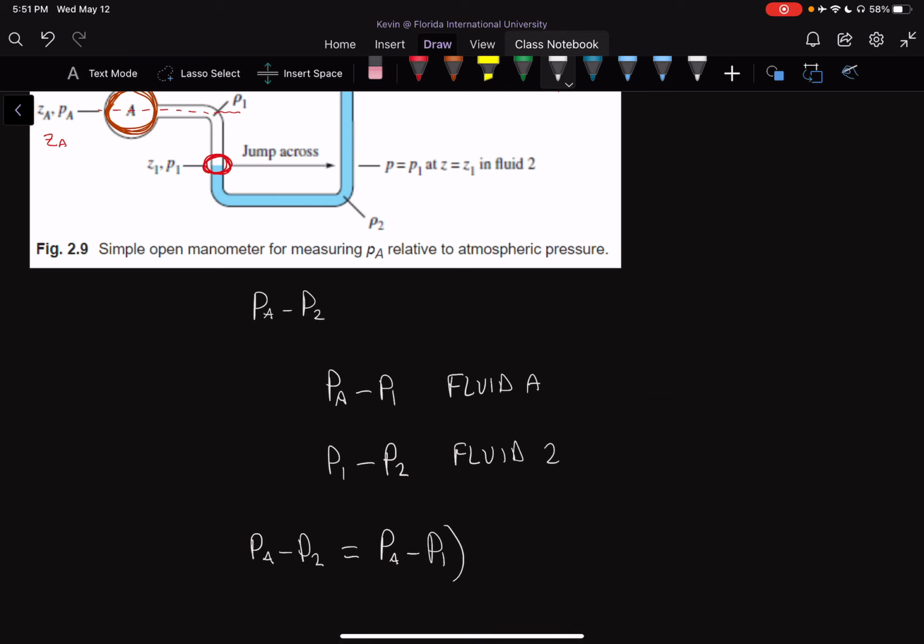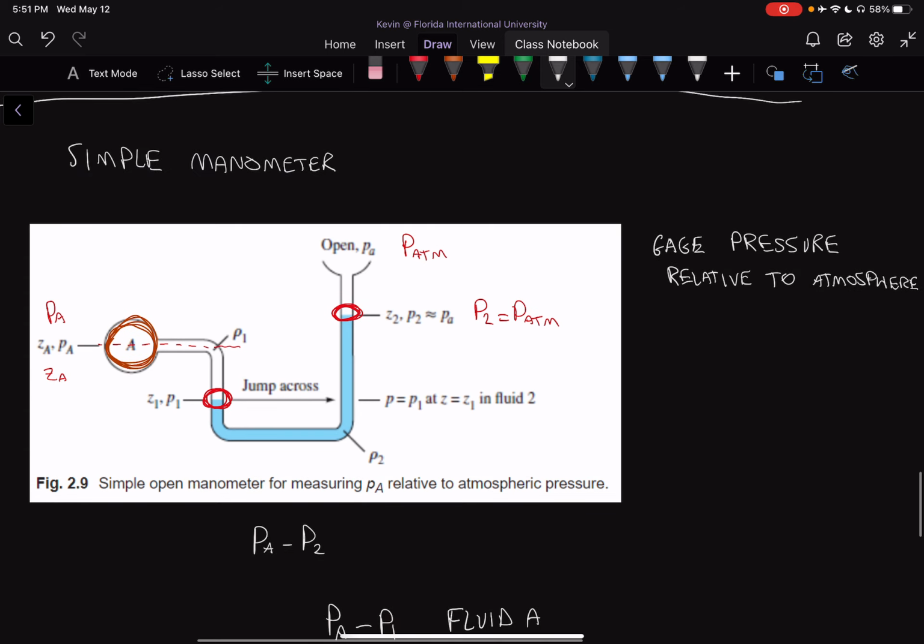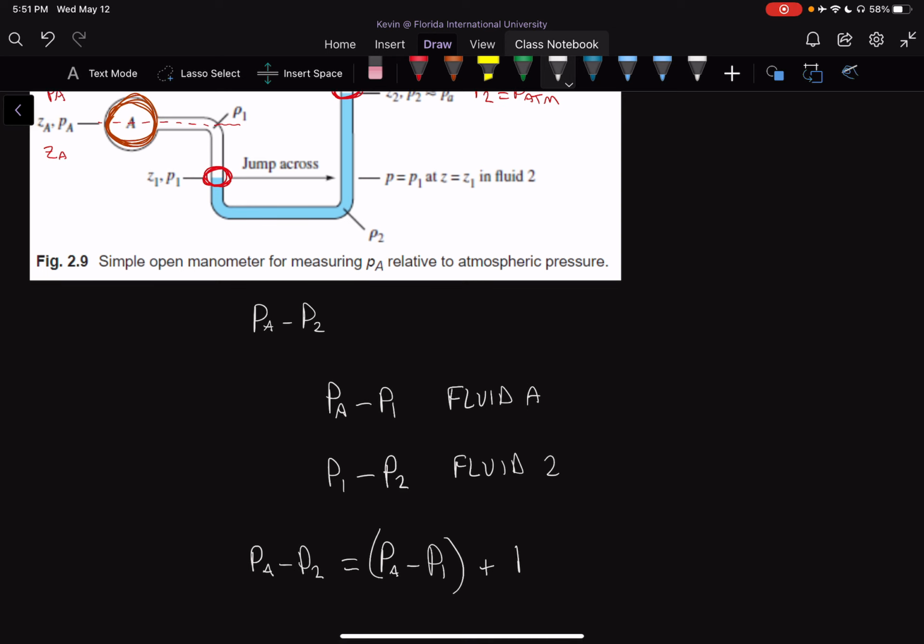That's our first part. Then if we continue towards the right, pressure 1 and pressure 2 have another difference, P1 minus P2. And if we add those two together, pressure 1 would essentially cancel.